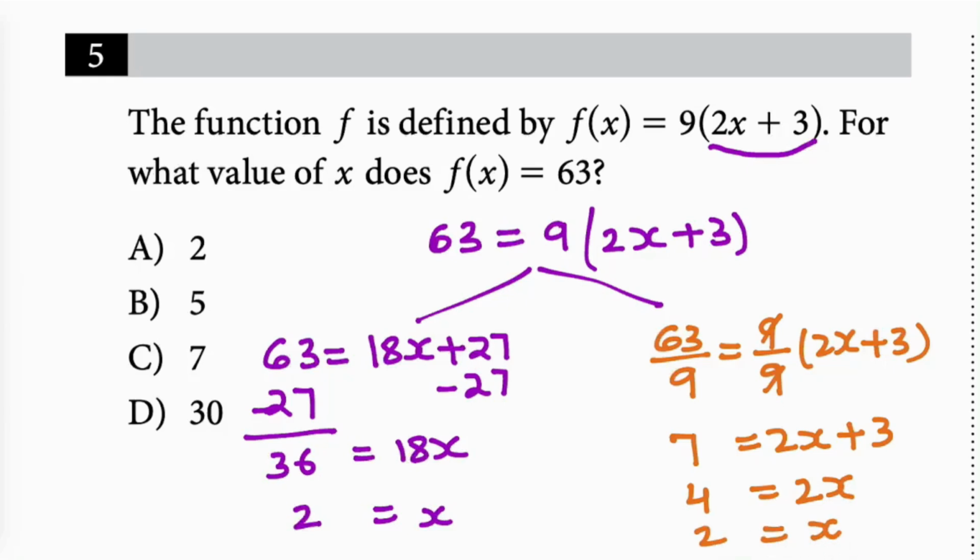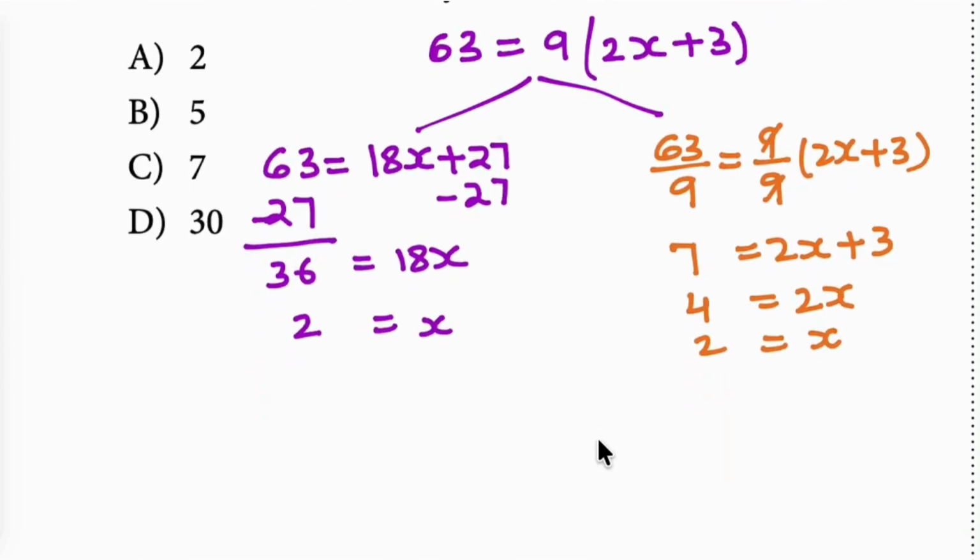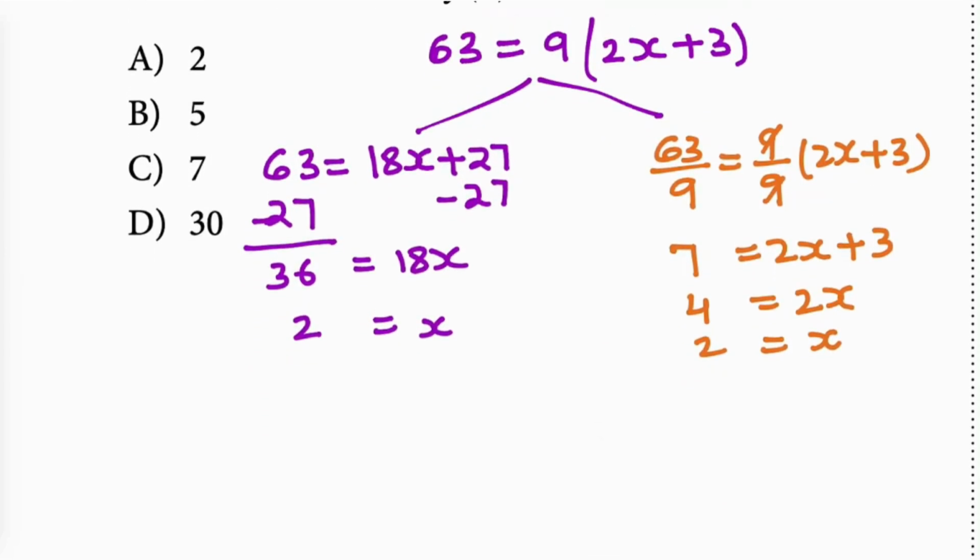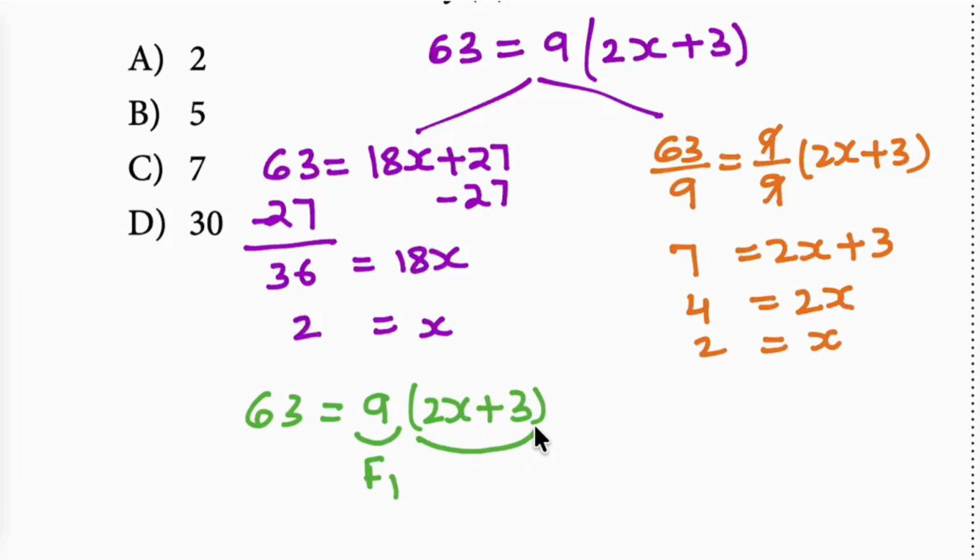Both methods are correct, right? But this method is a little bit risky. Let me tell you why and what point you should consider while doing this. If I have 63 is equal to 9 times (2x plus 3), so the right hand side has two factors. First factor is 9 and second factor is this whole thing, right?